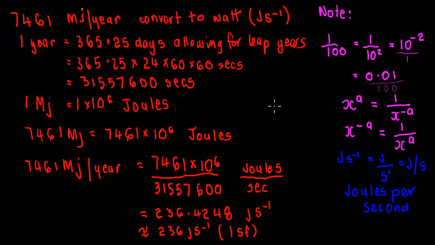And just for those, a little bit of algebra there, x to the power of a is equal to 1 over x to the power of negative a, which is, flip it over, change the sign of the exponent. X to the power of negative a is equal to 1 over x to the power of a.